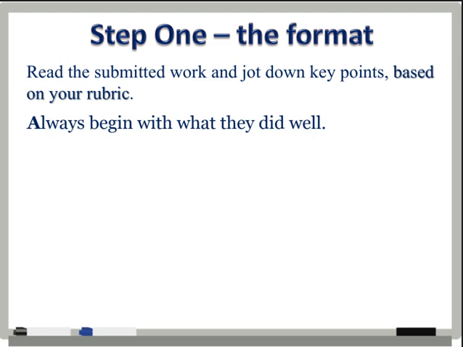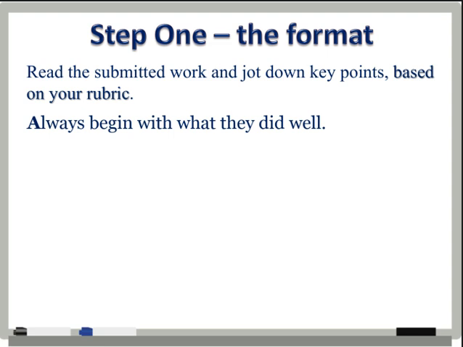I suggest that you always begin with what the student did well. Some people think of this as a sandwich technique. You start out with the impressive, the good, the positive. You sandwich in the middle some of the things that weren't done as well or were challenging and can be done a little bit better, and then you end up with something more positive.